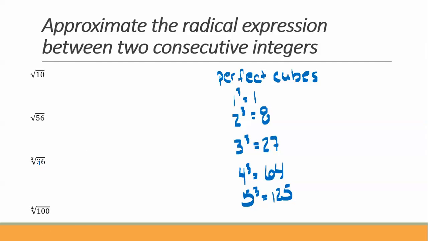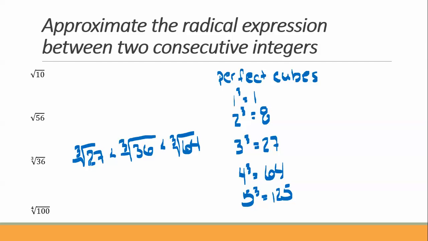So 36 is between 27 and 64. So the cube root of 27 is less than the cube root of 36, which is less than the cube root of 64.